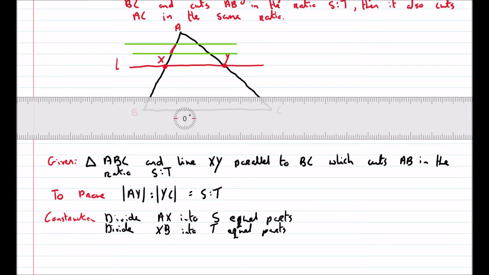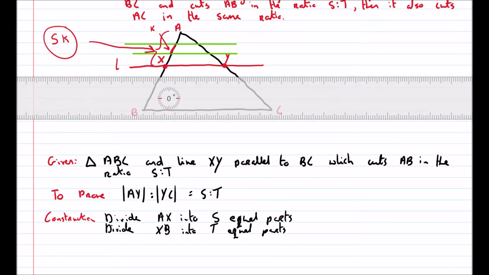So that's clear. But I'm going to call this K. Alright. And how many parts did I divide this into? I know it's 3, but I divided it into S equal parts. So from A to X is SK. So that's all SK.